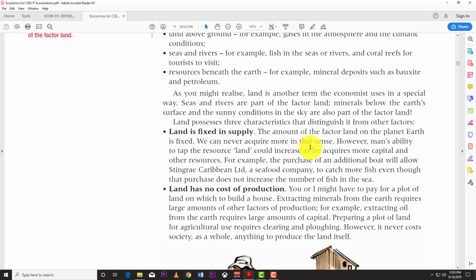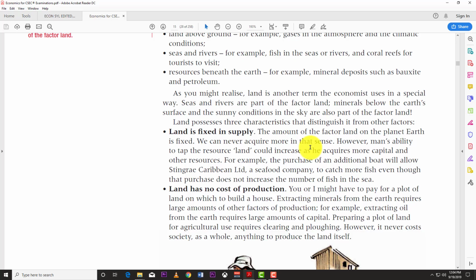However, man's ability to tap the resource land could increase as it acquires more capital and other resources. For example, the purchase of an additional boat will allow a company to go and fish for more products. So that's one way in which they can further tap into the resource that already exists as land.